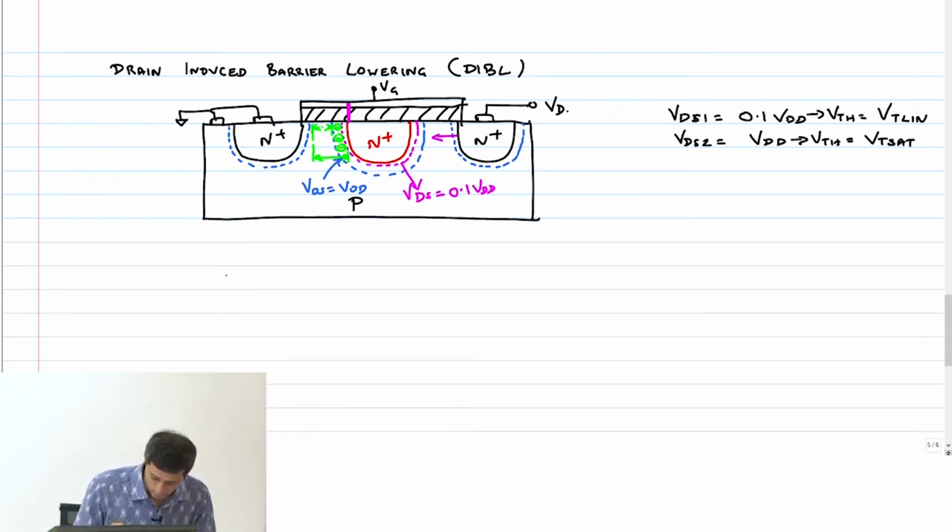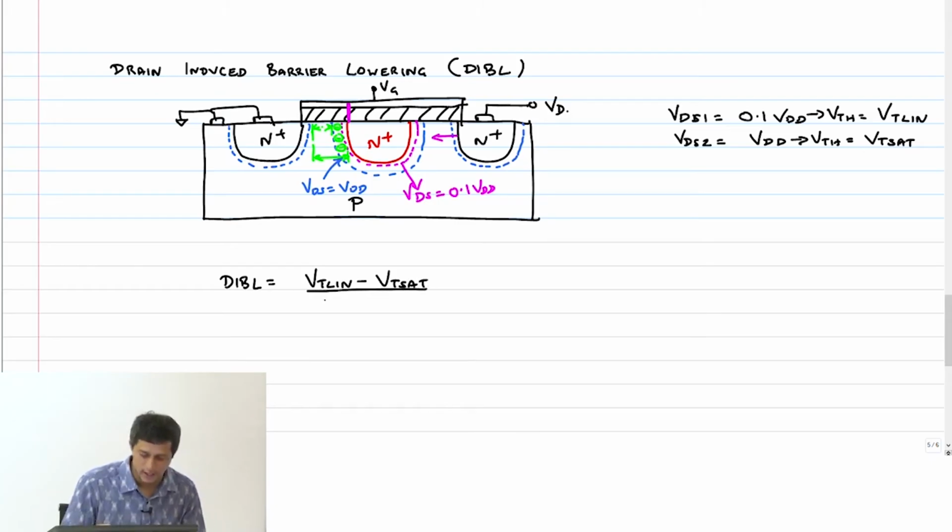Okay, so the DIBL coefficient is my VT lin minus VT sat divided by whatever my VDS, whatever voltage I applied on the drain for the saturation region. Let me call that VDD, and this is 0.1 VDD.